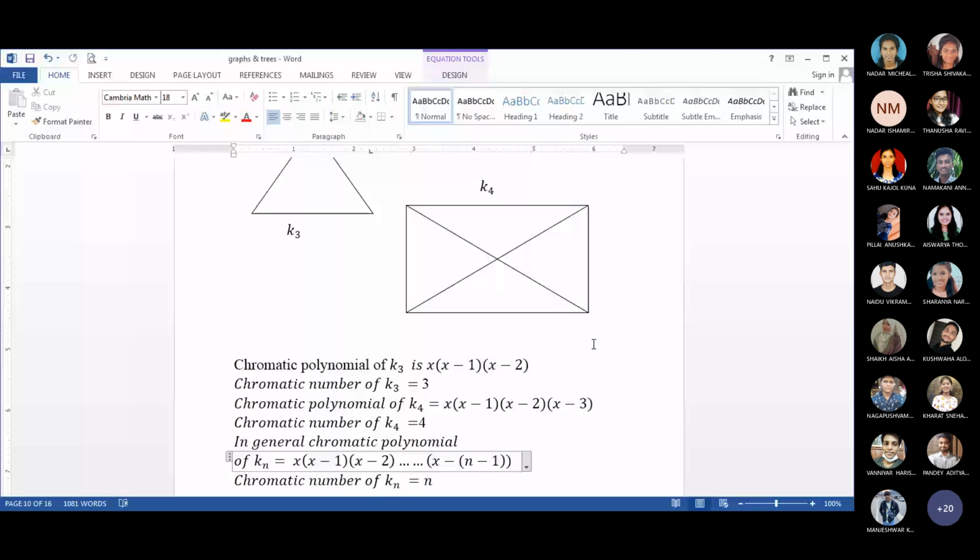Okay. And the chromatic number is the smallest value of x for which the chromatic polynomial is non-zero.